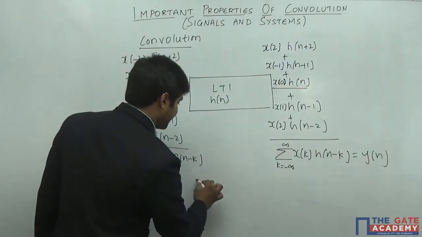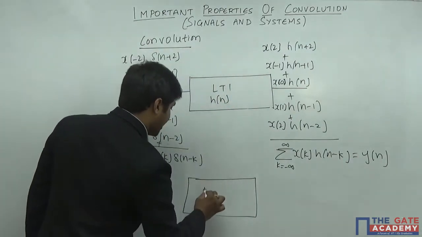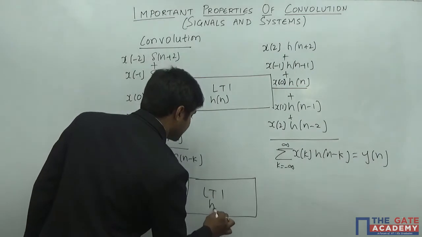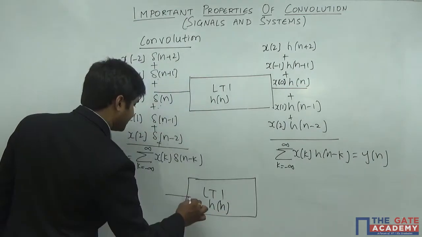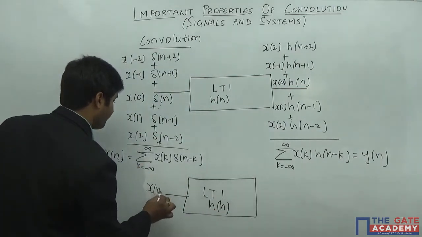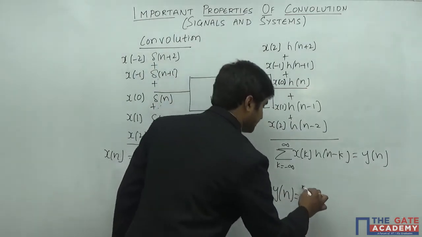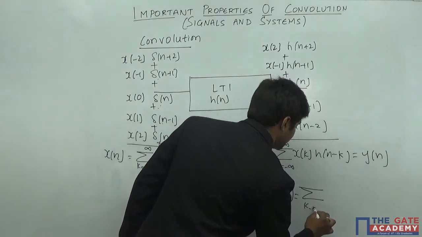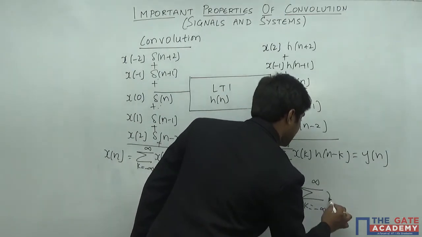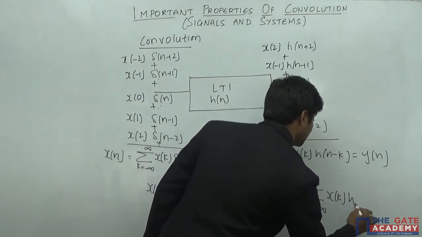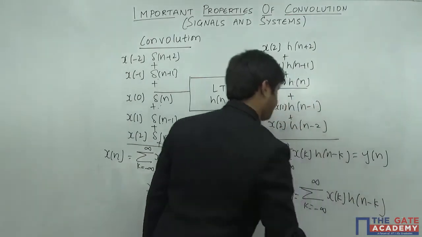So when I have an LTI system whose impulse response is h of n and the input is x of n, the output y of n is the sum over k from minus infinity to infinity of x of k into h of n minus k.